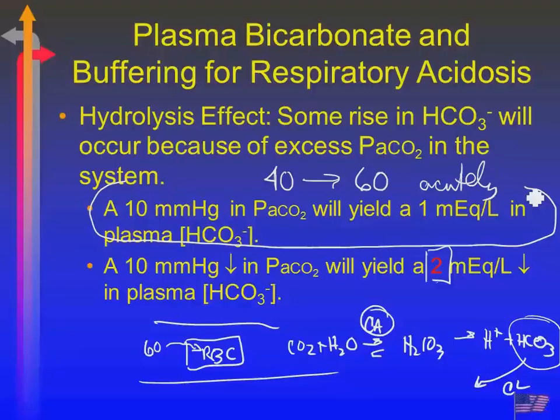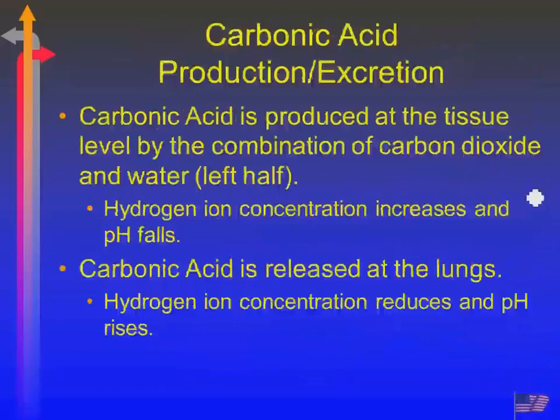Mally's got a real good explanation of it, so you can read it. Well, that's your choice. We know that carbonic acid is basically a byproduct of metabolism, or CO2 is a byproduct of metabolism. And that will lead to an increase in hydrogen ions if they're not taken care of.